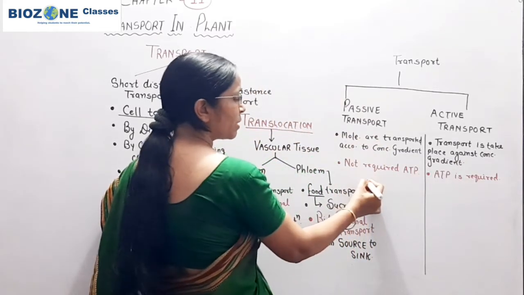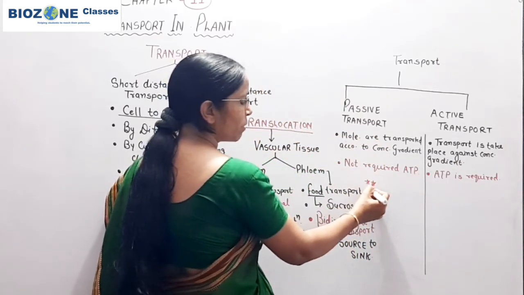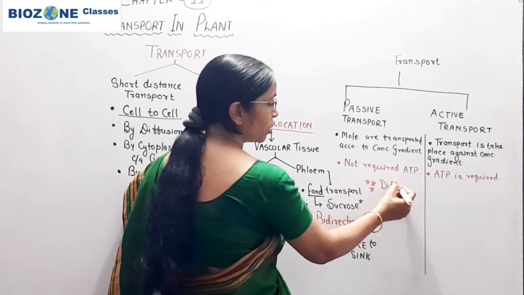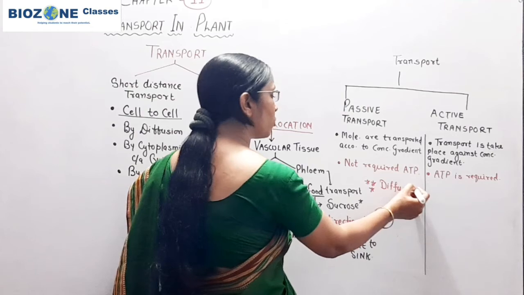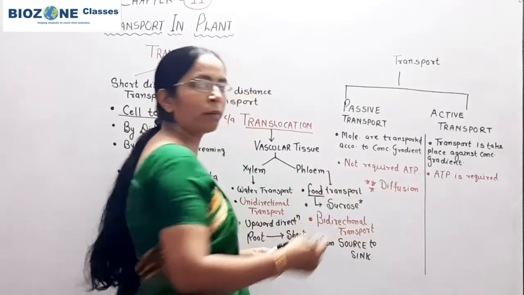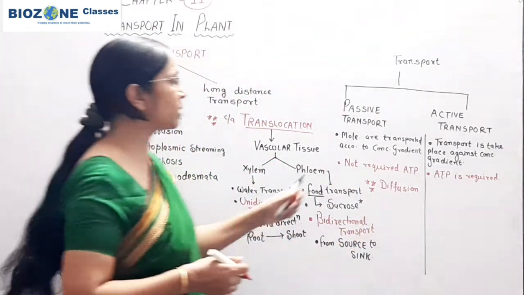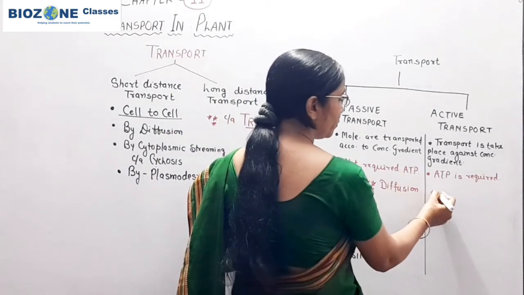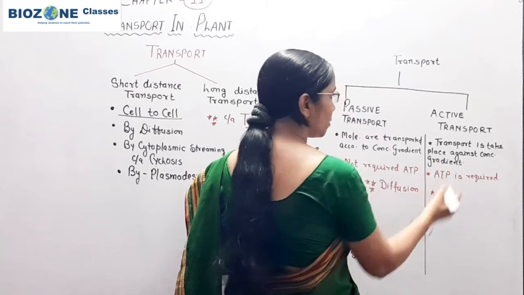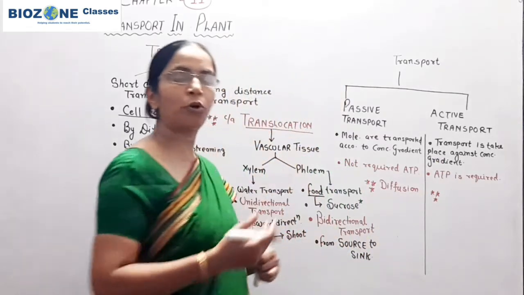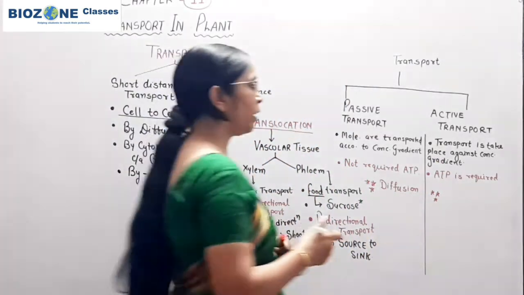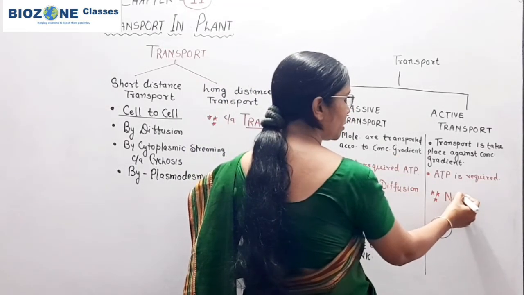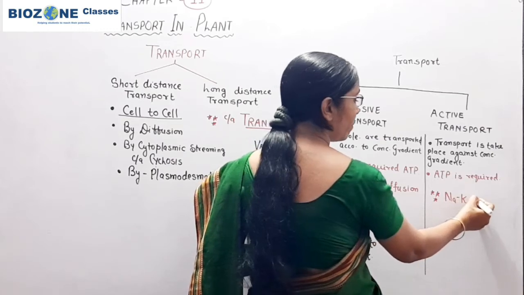Whenever you study passive transport, one of the simple examples is diffusion. Facilitated diffusion also we study. So diffusion is one of the most common examples of passive transport. But for active transport, in all systems, whether transport in plants or transport in animals, one of the best examples is the sodium potassium pump.